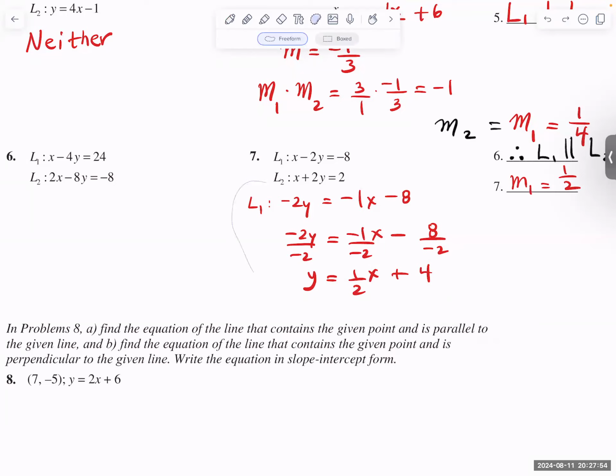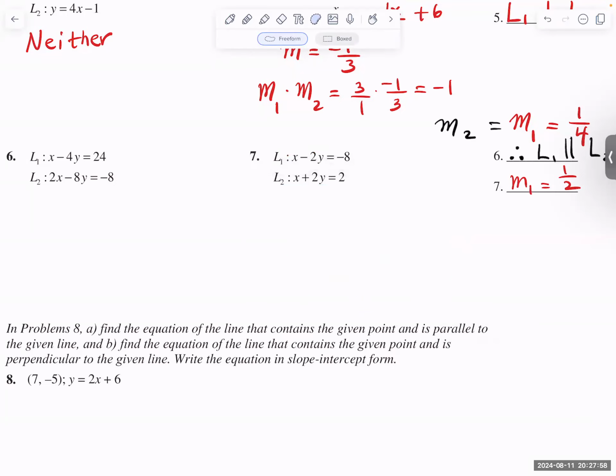All right, let's erase this and move on to line 2. So line 2, solving for y, we have 2y equals negative x plus 2. So if we divide every term by 2, we have on the right side negative 1 divided by 2x plus 2 divided by 2.